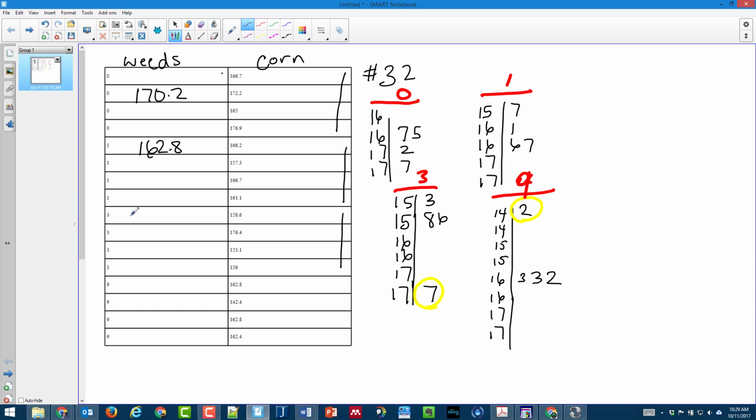For the 3s, 161, and for the 9s, 162. All right, so at first glance, when there was no weeds, I had a much higher average than when there were 9 weeds here. But for the most part, once I got a single weed in there, whether it was 1, 3, or 9, it didn't seem to affect my score too much.